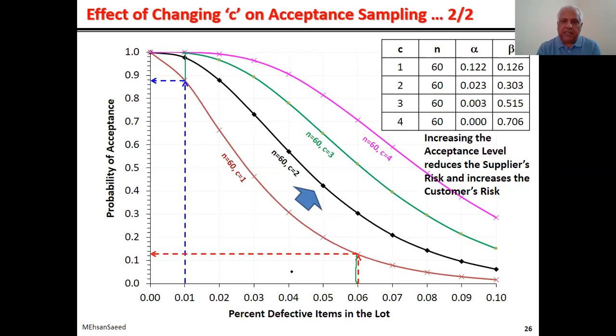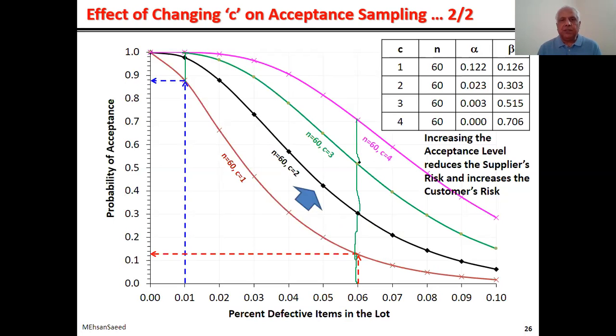Take beta risk. With black, it has increased to this much. With green, which represents C is equal to 3, the risk is this much. And purple, which represents C is equal to 4, look how much the risk is.